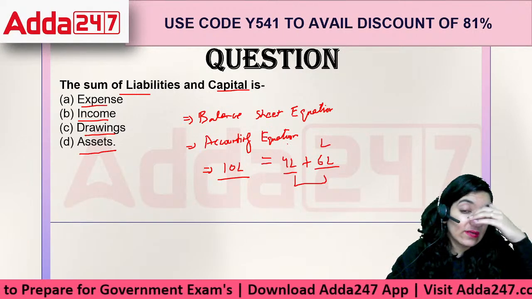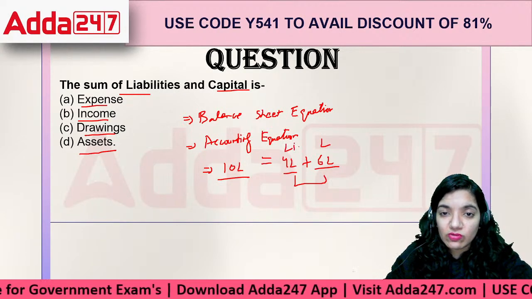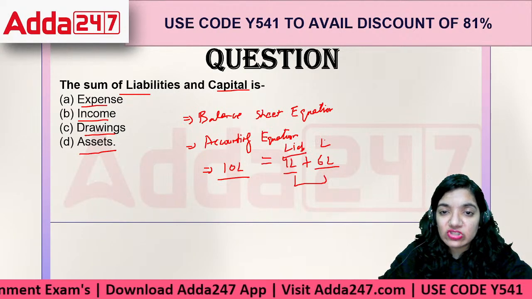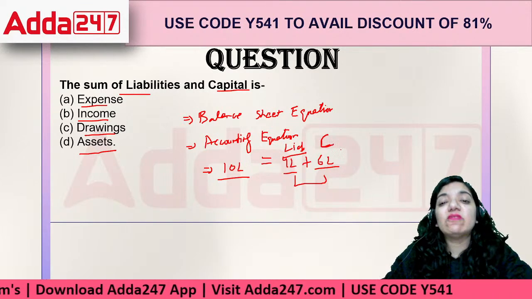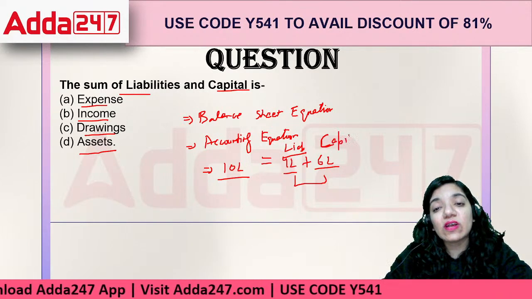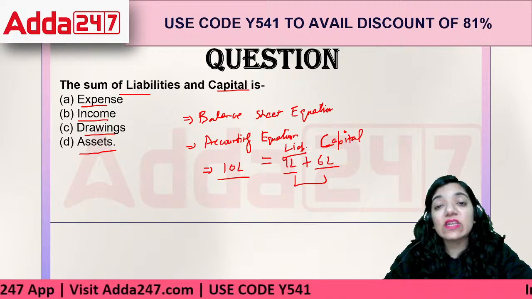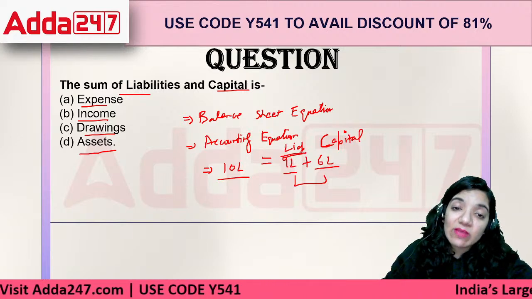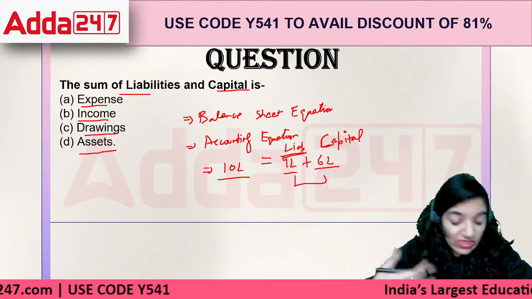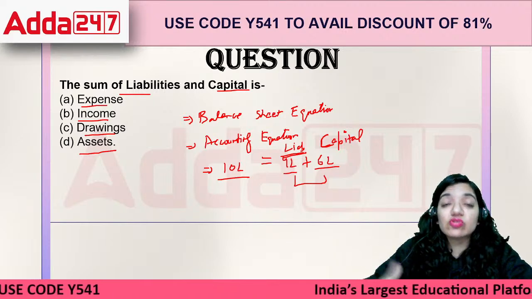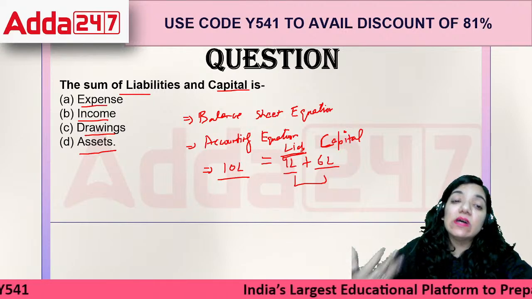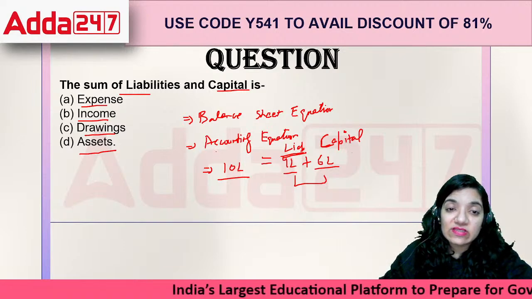I had taken a loan, so this is my liability and this is my capital. The money which I invested is called capital. The money which I take from outsiders is called liability. The thing that is used in the business to build up and support the business, through which we earn money, is called an asset.